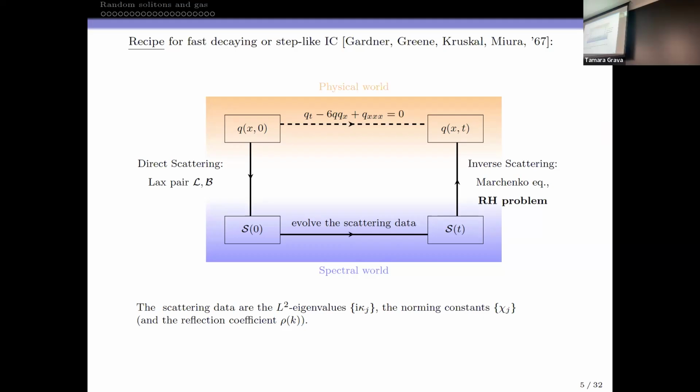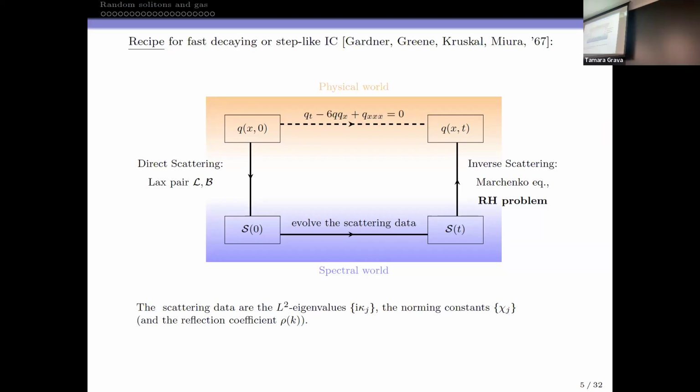So in our case, we consider initial data which decay rapidly at infinity or even step-like.